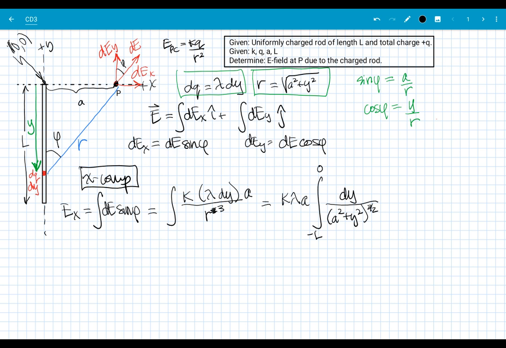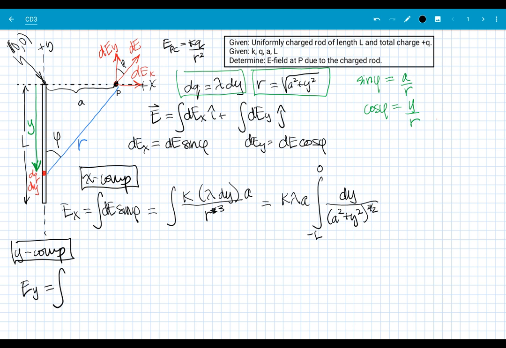Let's do our y component setup. Of course, you'd still have to execute the integral and evaluate it and then write this all in vector notation, and all that is done in the written solutions. What I want to try to do in these videos is connect you to the concept as much as I can. So my y component is here, E sub y.